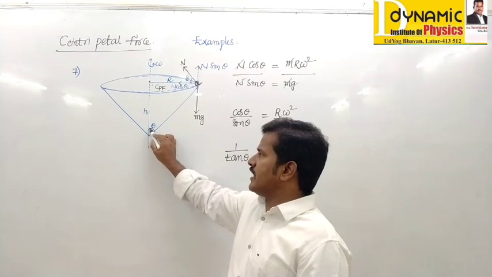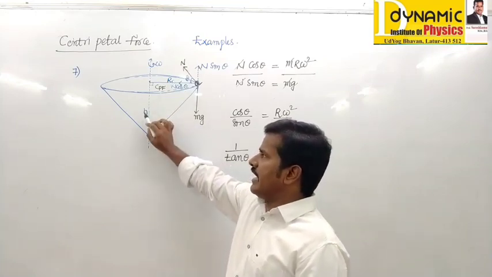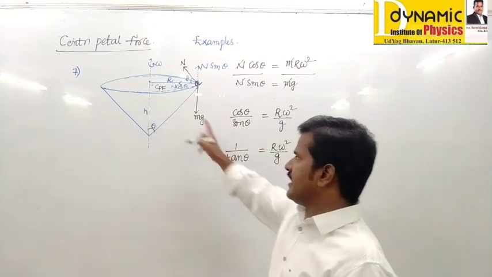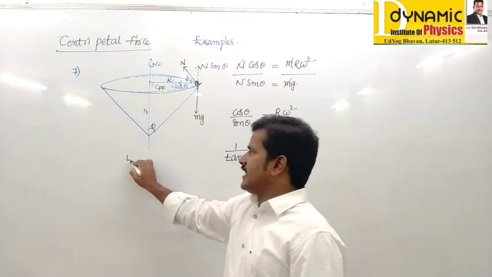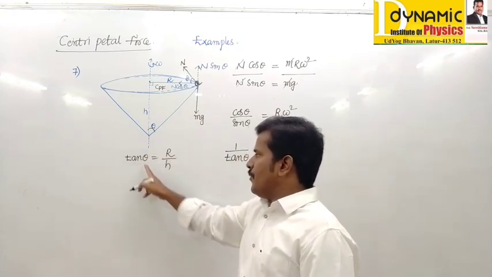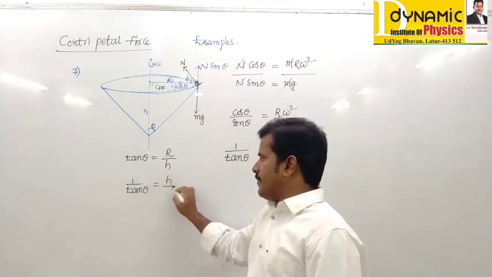Just observe here, tan theta is written as opposite by adjacent, r upon h. So 1 by tan theta is h upon r.